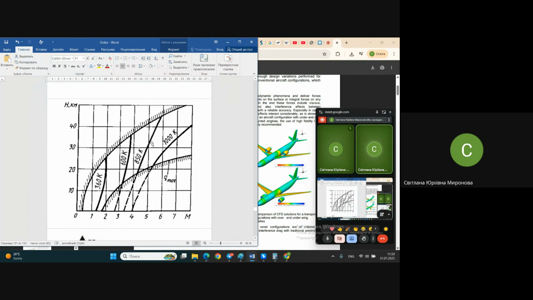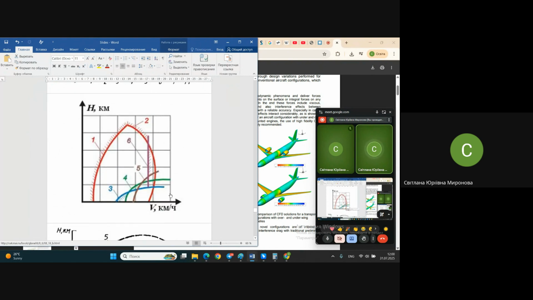Or, in this area, one of the most important reasons is aerodynamical heating, overheating of structure, and losing the strength due to this, and vibrations, flutter, buffeting, and so on. Dangerous phenomena which may result in immediate crashing of the airplane. I'm not talking about fatigue strength, I'm talking about so-called aeroelasticity phenomena.